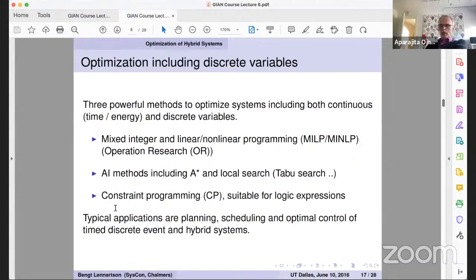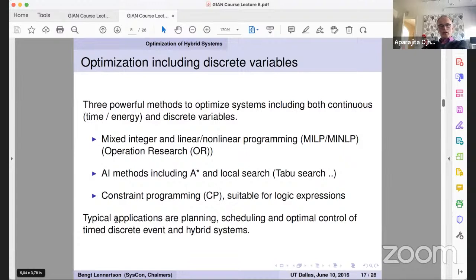Actually, there is a fourth area, which I've mentioned, but not from an optimization point of view, and that is satisfiability solvers, SAT solvers. And there are specific tools, for instance, one called SMV, where they have introduced even continuous variables, so that they go step by step to extend the procedures from a computer science and logical point of view.